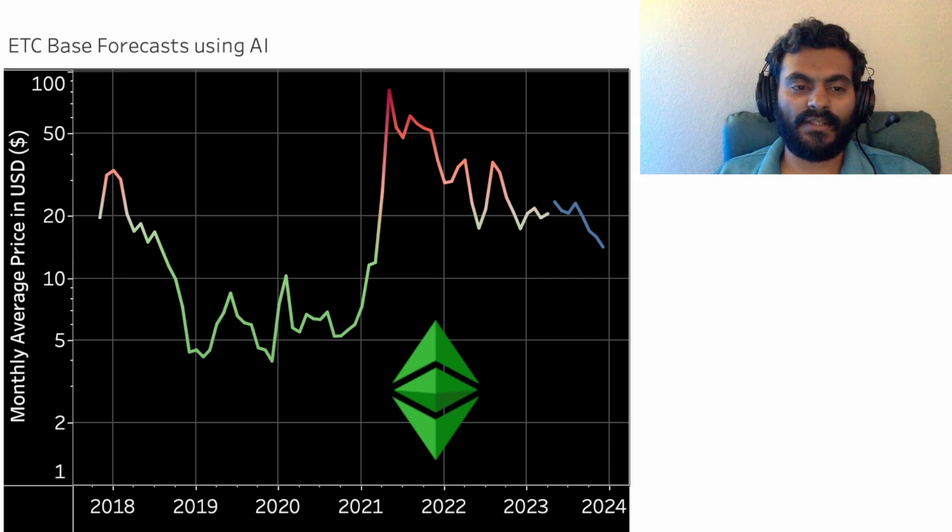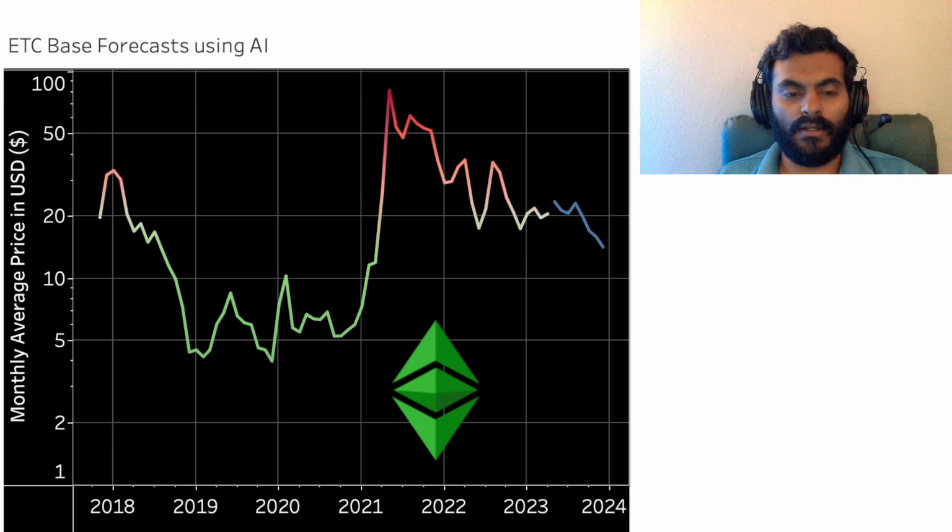Today we'll be discussing Ethereum Classic and its token ETC, and we'll be forecasting ETC's price using an AI technique known as autoregressive integrated moving average, ARIMA for short, using data since 2017 and analyzing the monthly average price for the ETC token using historical z-scores, standard deviation, and the output of the AI model.